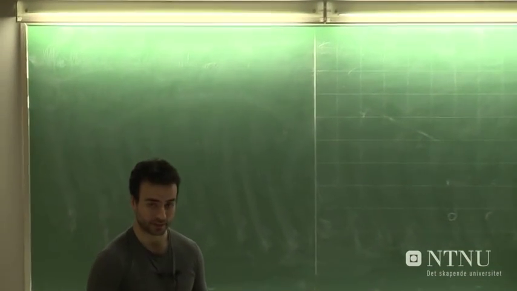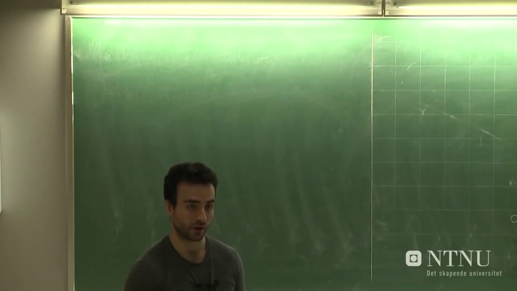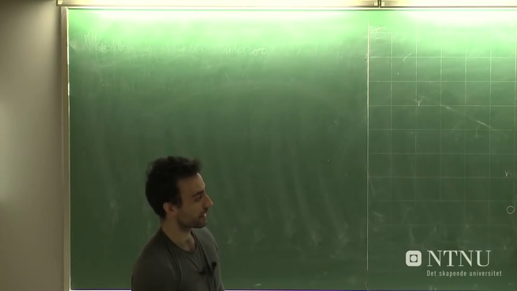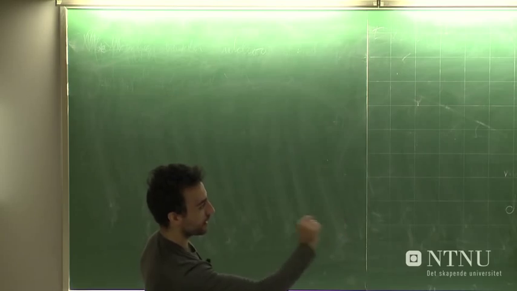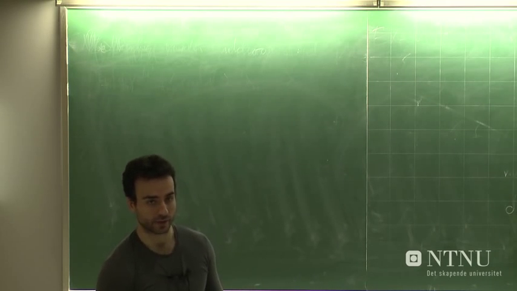Okay, we have three equations and three unknowns. The unknowns are x, theta, and lambda. So we have two equations over there, and in addition we have the constraint equation.